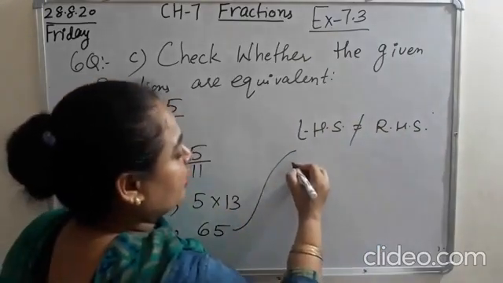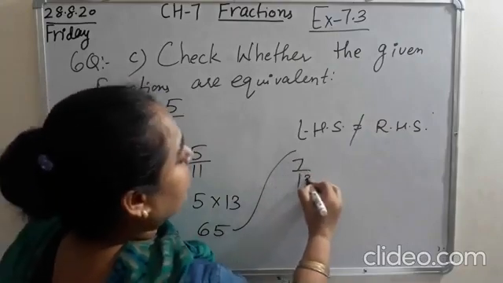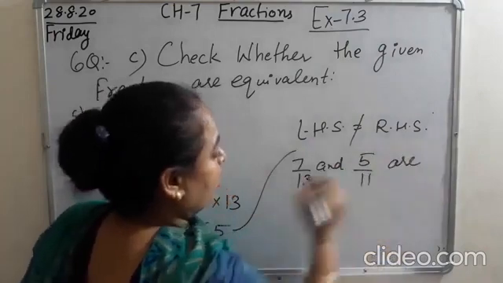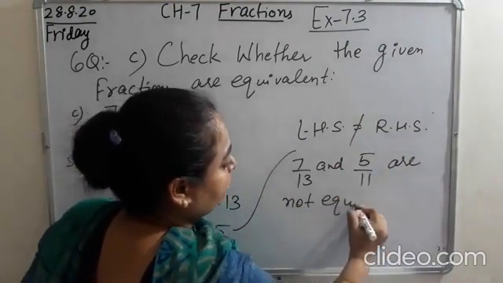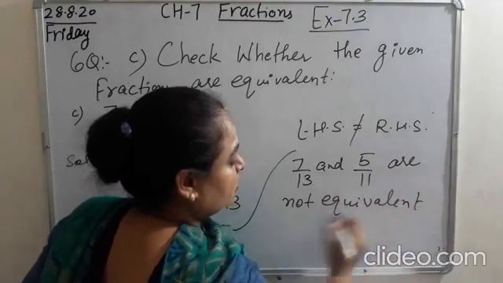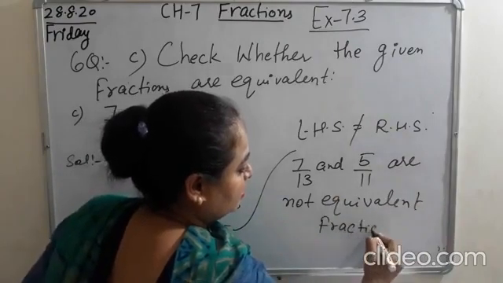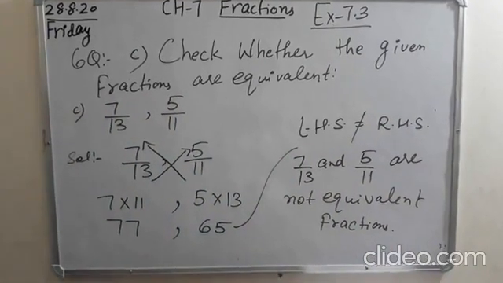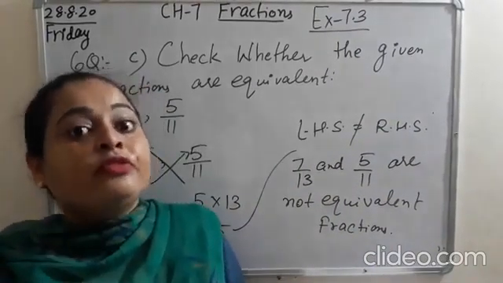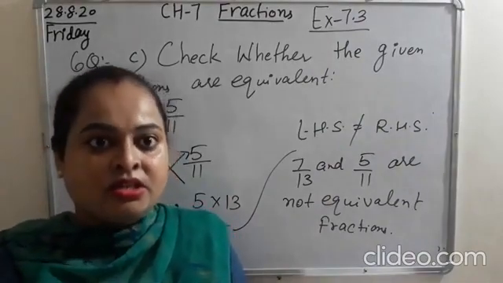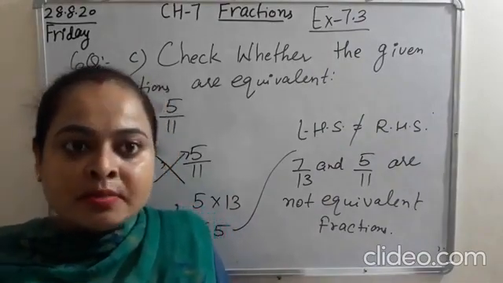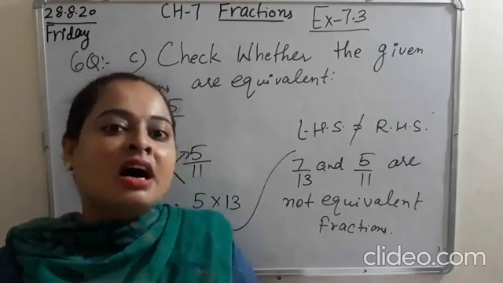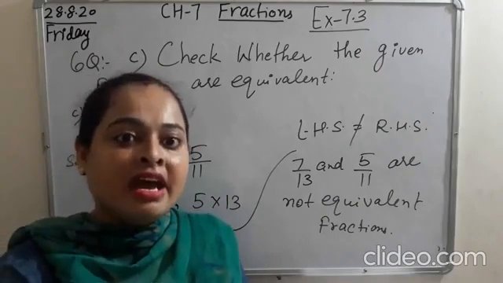So we will write here 7 by 13 and 5 by 11 are not equivalent fractions. And if the fractions are equivalent, then after the cross multiplication you will get the same value on the left hand side and right hand side.